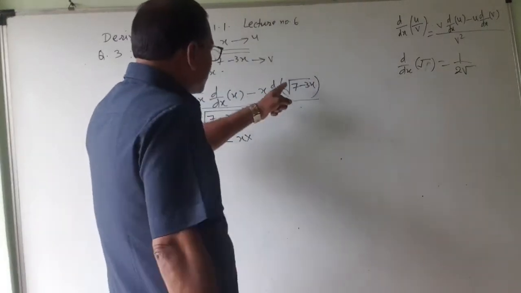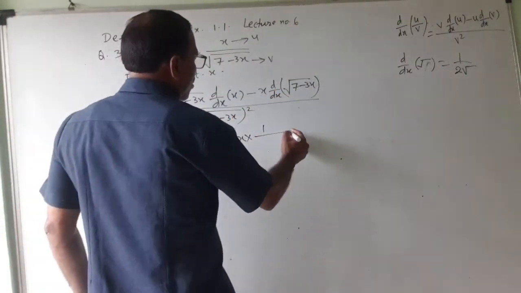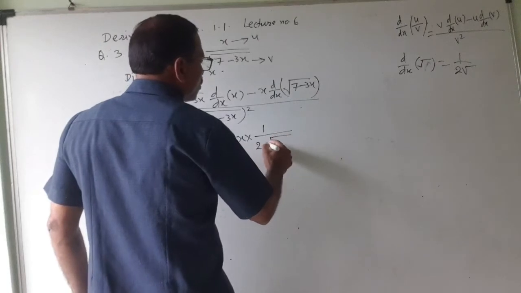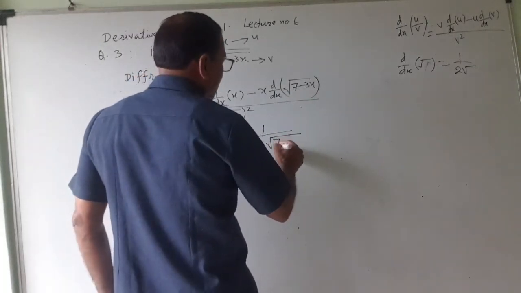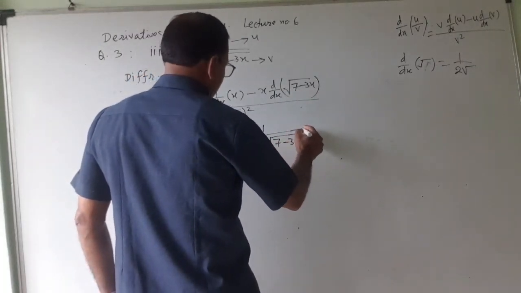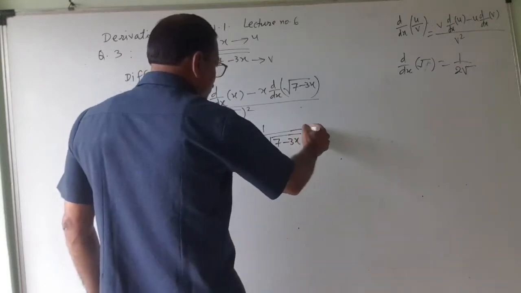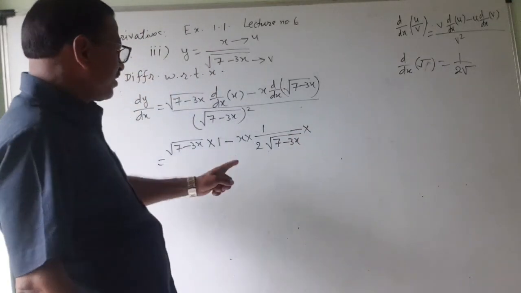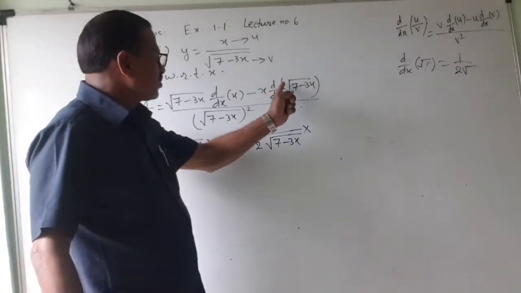So derivative of this root is 1 upon 2 root. What is in that root? 7 minus 3x, into, now the derivative of this root is taken.